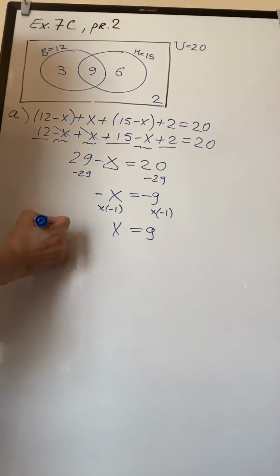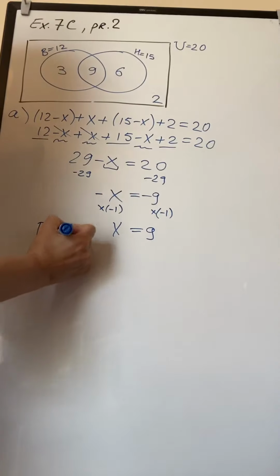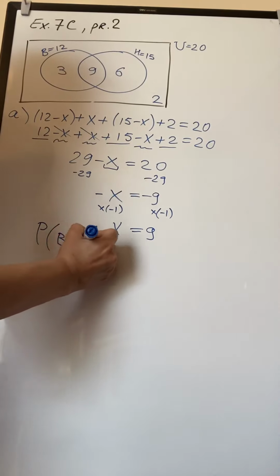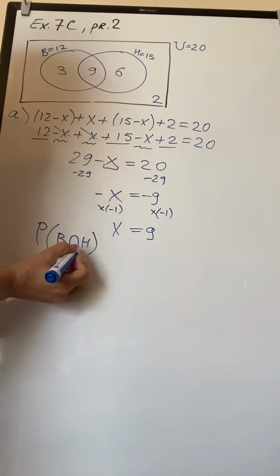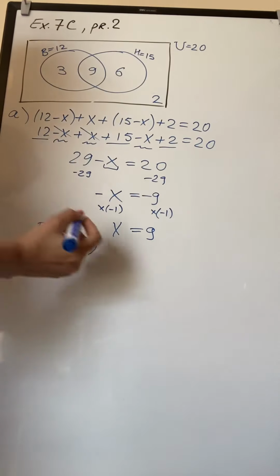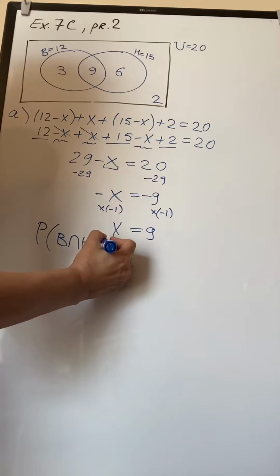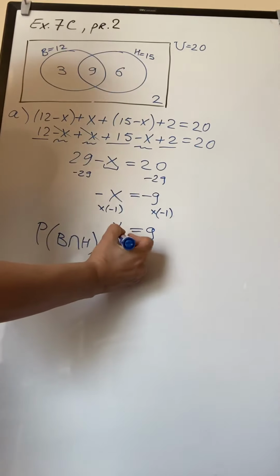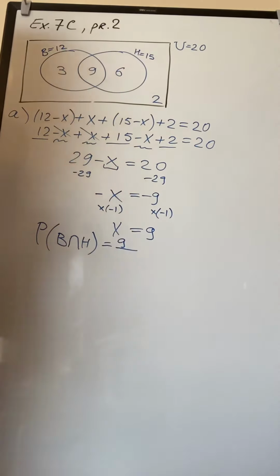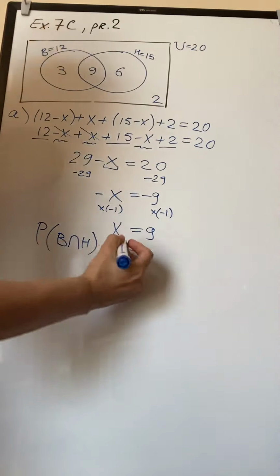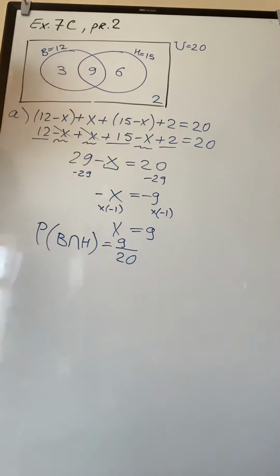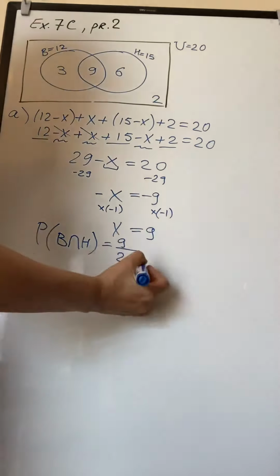We will say that the probability of biology and history, so that sign is for 'and', so both, equals, well, 9 students out of how many? Out of 20 students, and that is your answer.